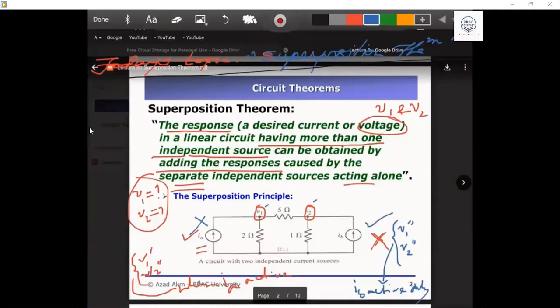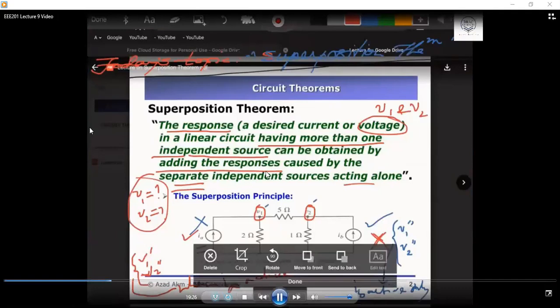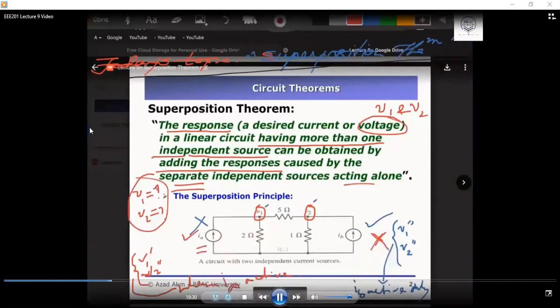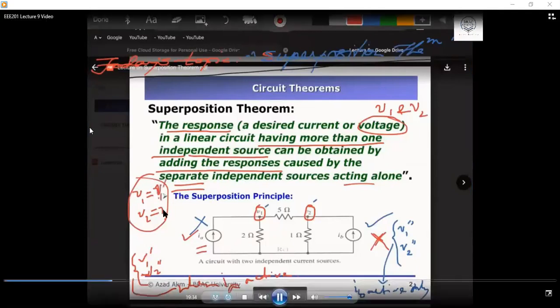Then you have to add them. You write V1 prime and V2 prime, and from the other one you get V1 double prime and V2 double prime.